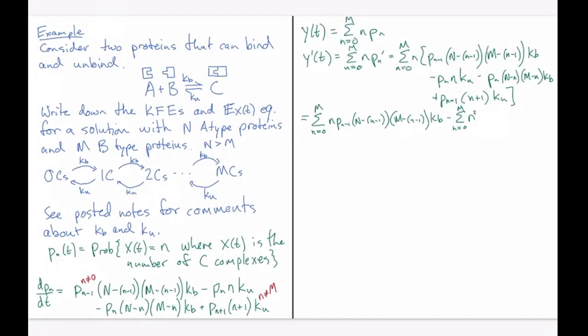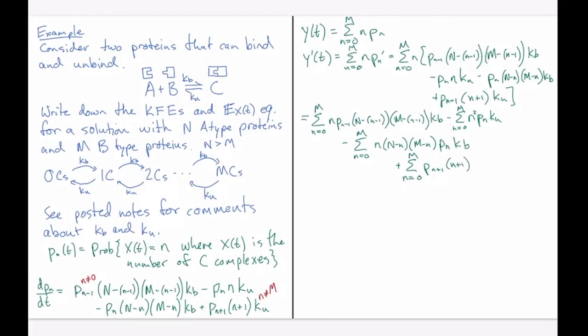So we get n squared times Pn K unbinding, and then minus the sum from n equals 0 to M of, now we have n times n times (M minus n), Pn K binding, and then the last one is plus the sum from n equals 0 to M of P(n plus 1) times (n plus 1).